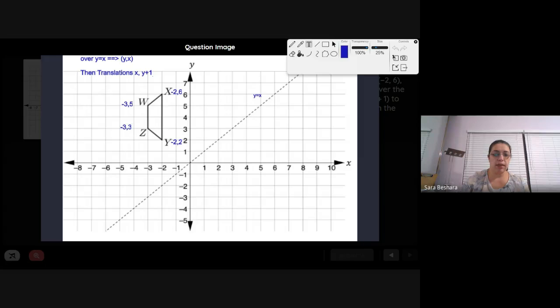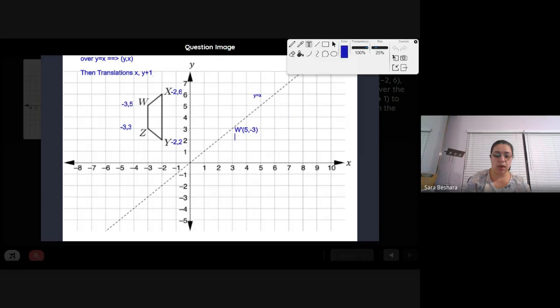When you reflect, again, I said just swap the x and the y. So I'm going to do W prime. Let's just start somewhere here. W prime, swap. So it'll be (5, -3). I'm going to go down.